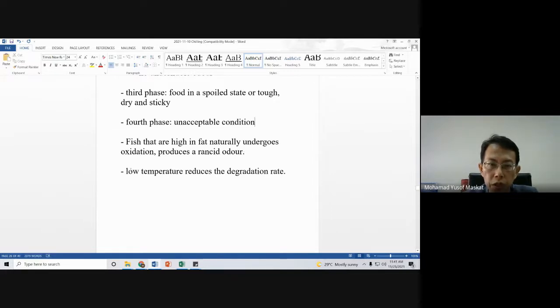Fishes that are high in fat naturally undergo oxidation. Maybe you have not learned about this yet, but in food chemistry, one of the things you will learn is that fat, lipids, or oils are basically the same component.